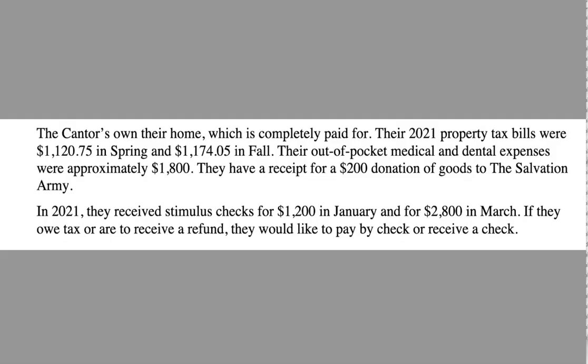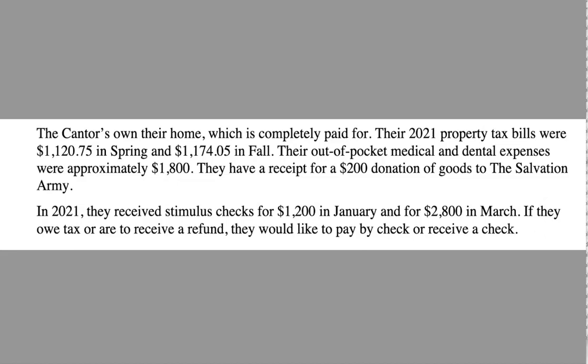So let's take a look at the interview notes because, as you know by this time, hopefully, there are 2 things you need to do before you start entering the tax documents into TaxSlayer, and those are charitable contributions and the EIP-RRC. So in this case, the couple donated $200 of stuff to Salvation Army.